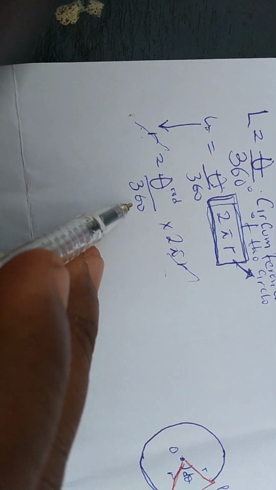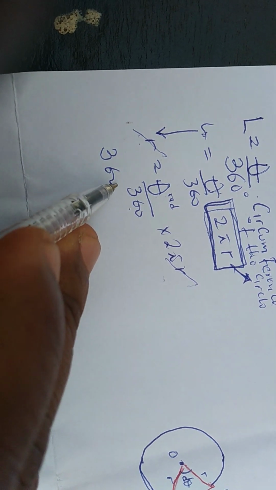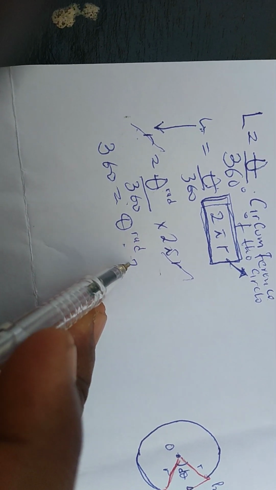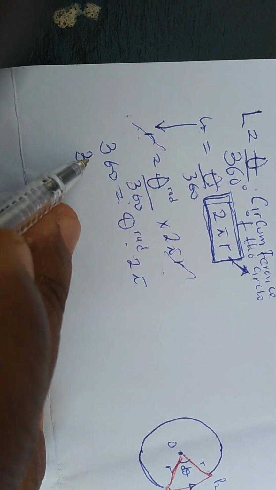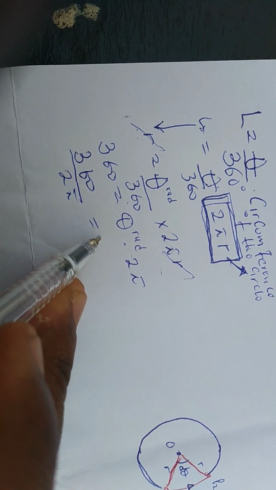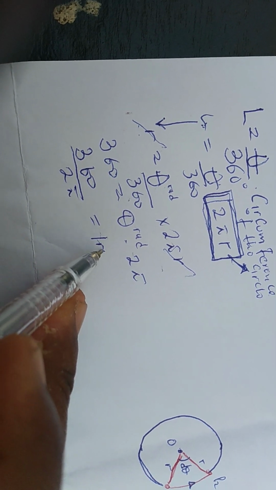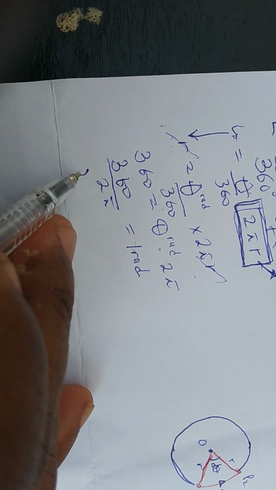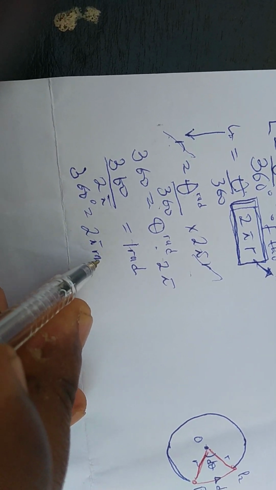So cross multiplying 360 with 1, we have 360 degree is equal to theta in radian times 2 pi. Cross multiplying, we have 360 divided by 2 pi is our angle in radian, call it angle 1 radian. By cross multiplying this, we have 360 degree is equal to 2 pi radian.